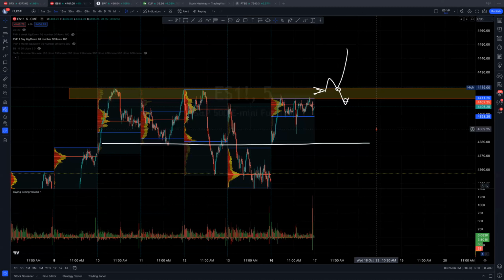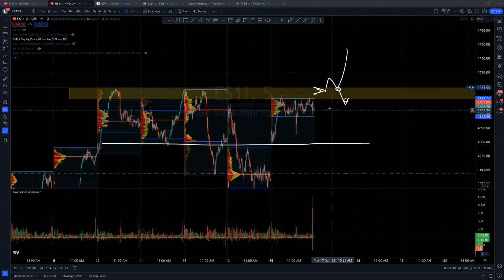Sometimes we'll get some really nice setups at the open, if there's enough trading going on. But I need to see what the volume profile shows tomorrow.